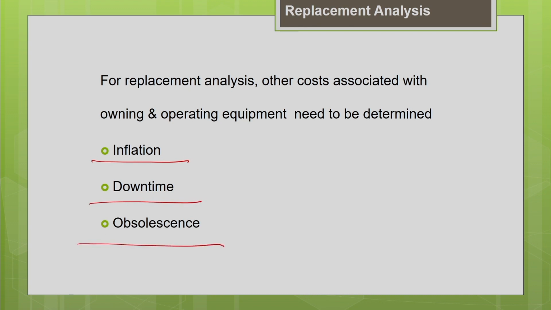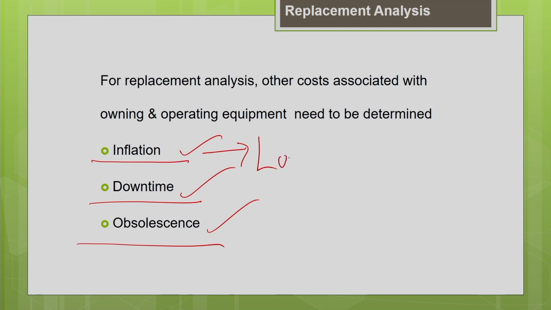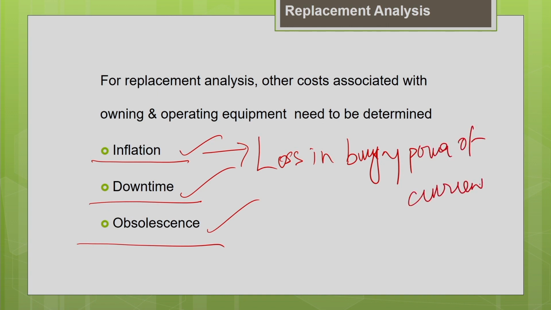One is the inflation cost, another is the downtime, and another is the obsolescence cost. Inflation, everyone knows, is nothing but the loss in the buying power of a currency. Say, for example, if I purchased a machine for 10 lakh rupees 5 years before, I cannot purchase the same machine for 10 lakh now.